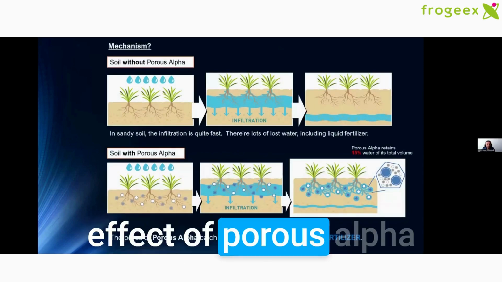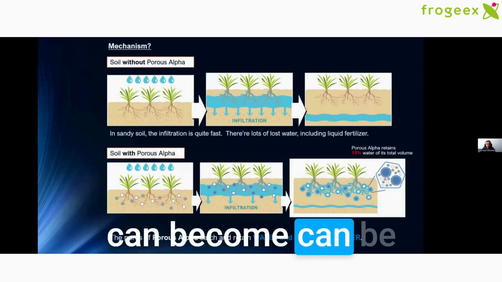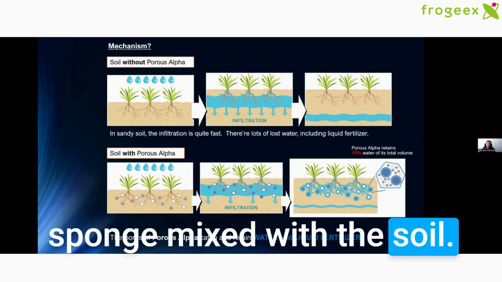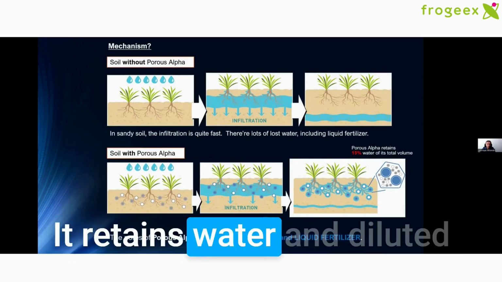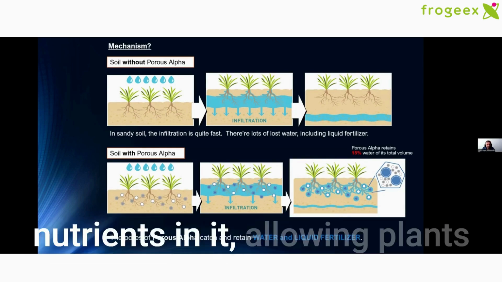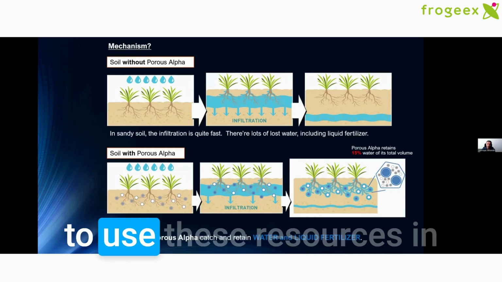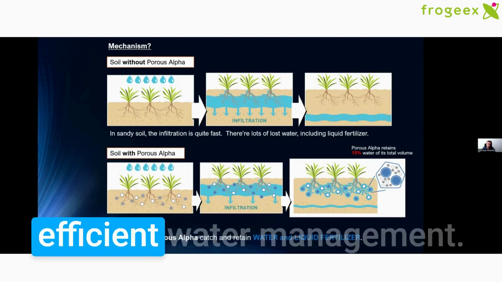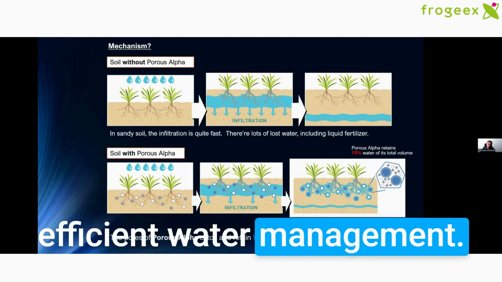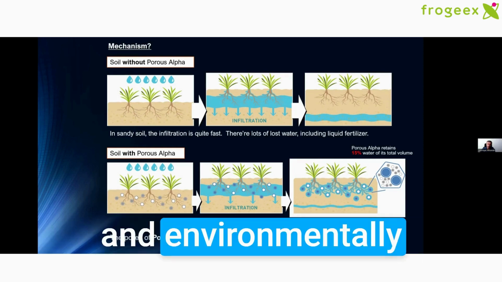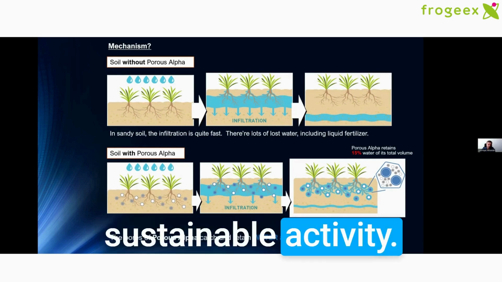The effect of porous alpha can be compared to that of a sponge. Mixed with the soil, it retains water and diluted nutrients in it, allowing plants to use these resources in an organic way. Without efficient water management, agriculture is not an economically and environmentally sustainable activity.